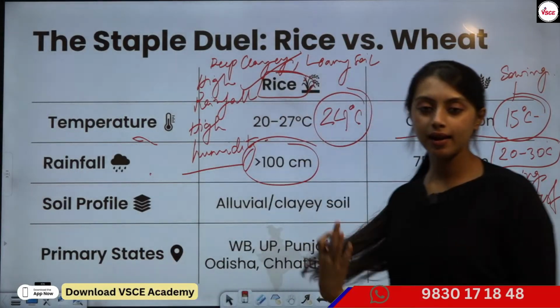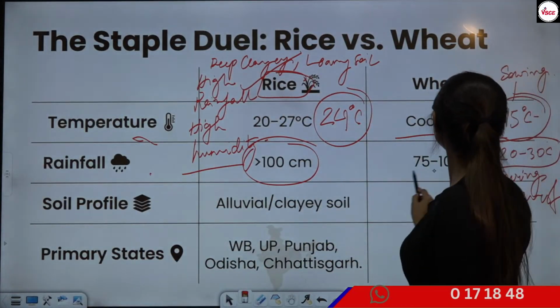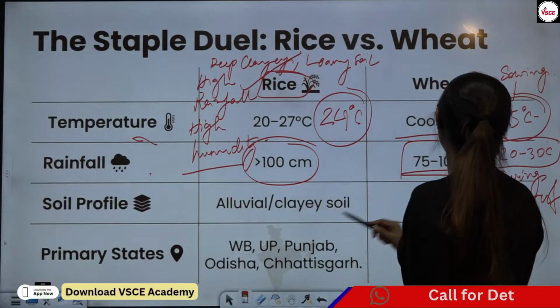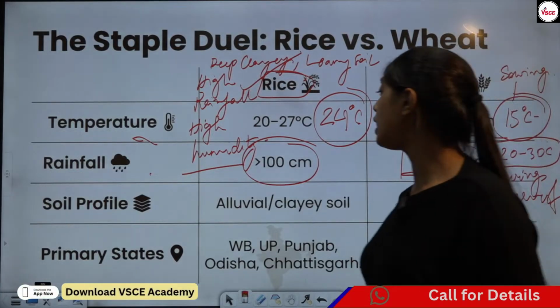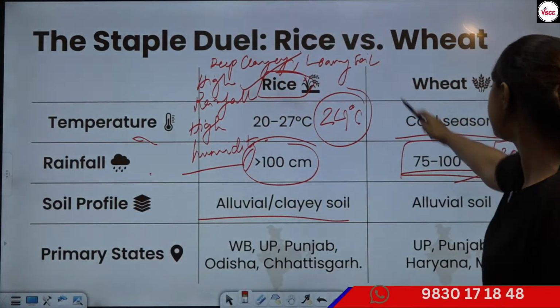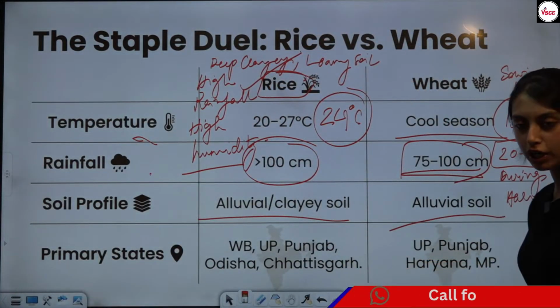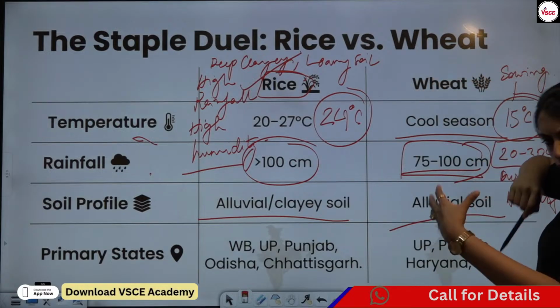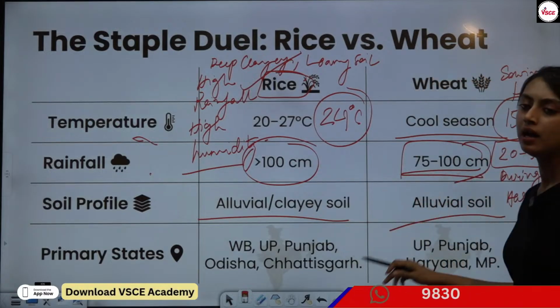For wheat you need 75 to 100 centimeter of rainfall. Alluvial clay soil, I have already given you deep clay soil. Here also you need alluvial soil. Less water also works for wheat. It's not that it doesn't work.